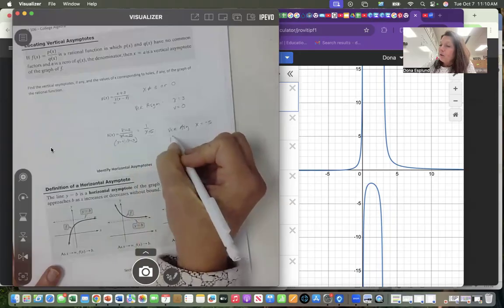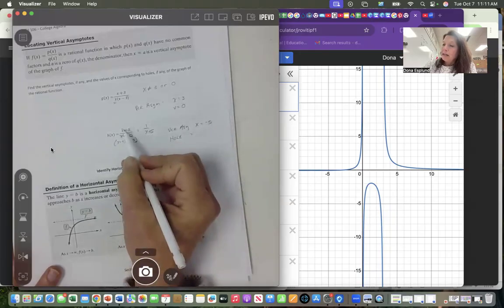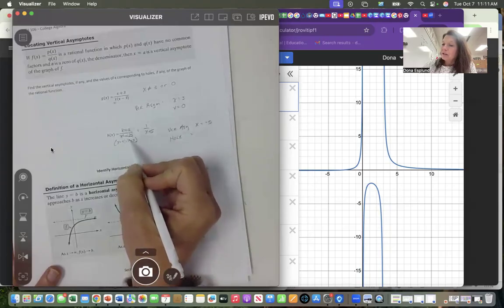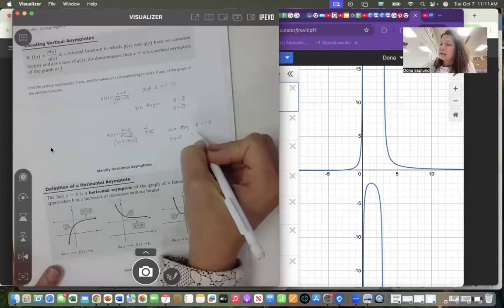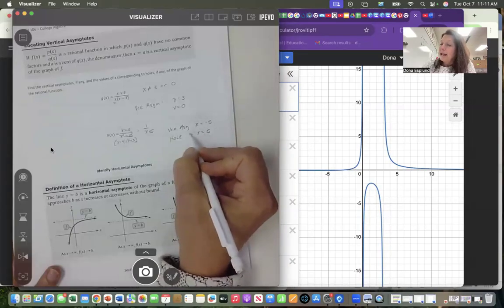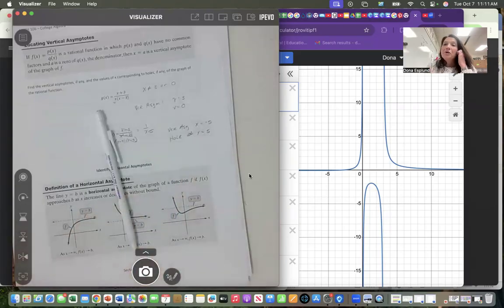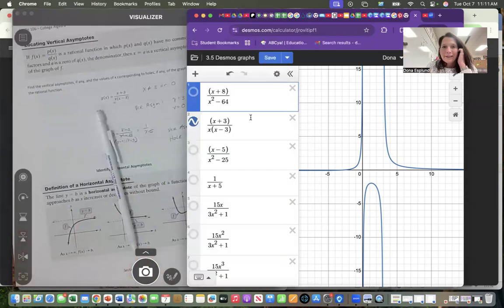But I also have a hole where whatever canceled. Because the x minus 5s canceled, if this value was set equal to 0, then x would equal 5. So there's a hole at x equals 5. And again, I'll show you in Desmos how that looks.